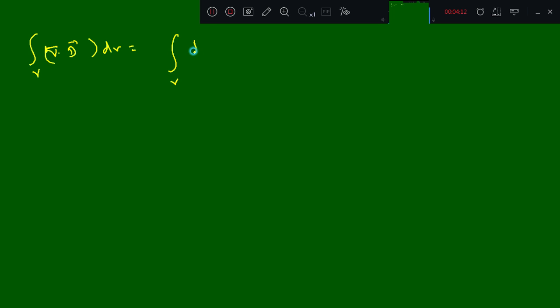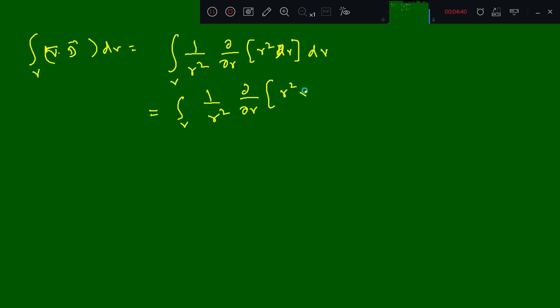So it is 1 divided by r square into dou by dou r of r square into D_r. So the volume integral of 1 by r square, dou by dou r of r square into r by 3 rho V.